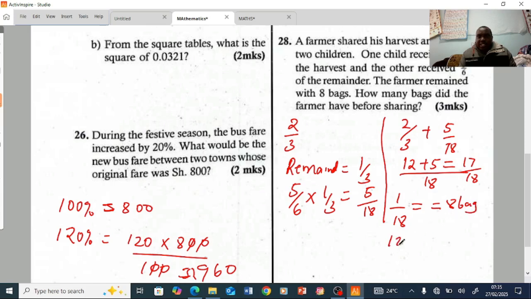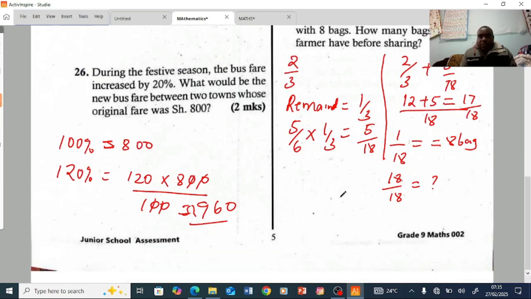So we ask, 18 over 18 will be how many? 18 over 18 is 1, so 8 times the reciprocal, 18 over 1. So it is 18 times 8.